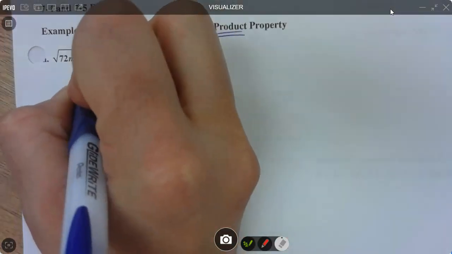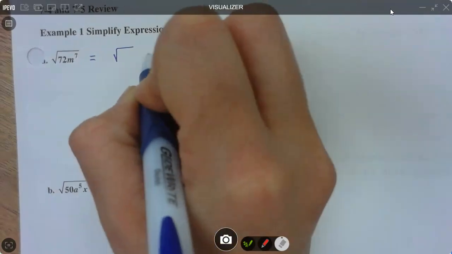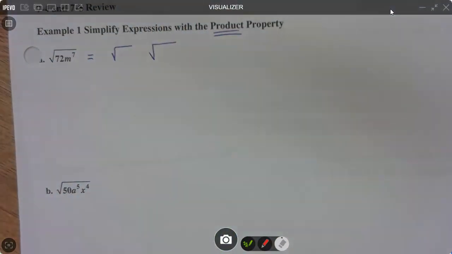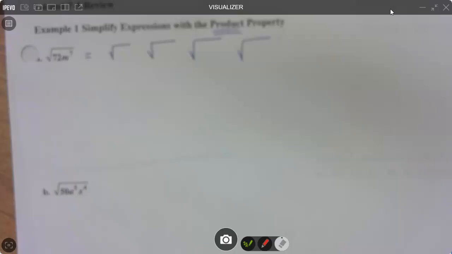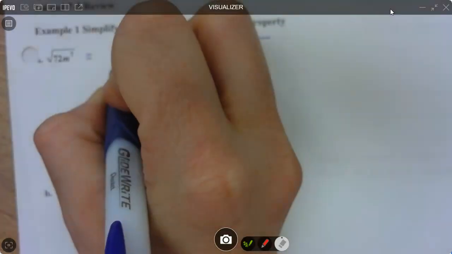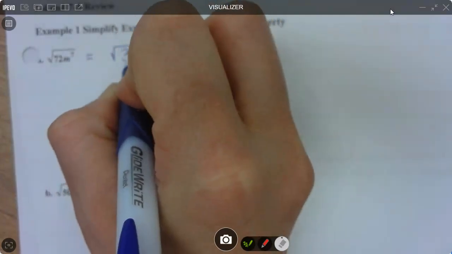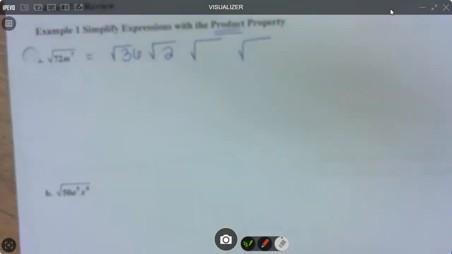So in this first example, you want to think of 72 as two numbers being multiplied together, as well as your m's as two numbers being multiplied together. So 72 would be 36 and 2.